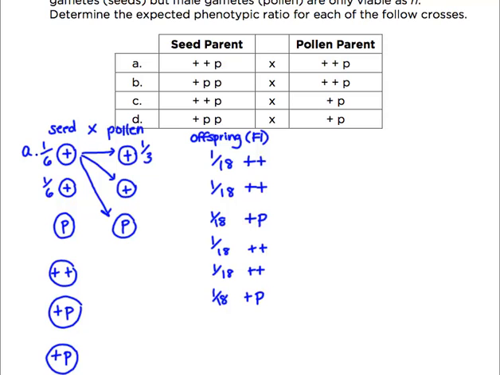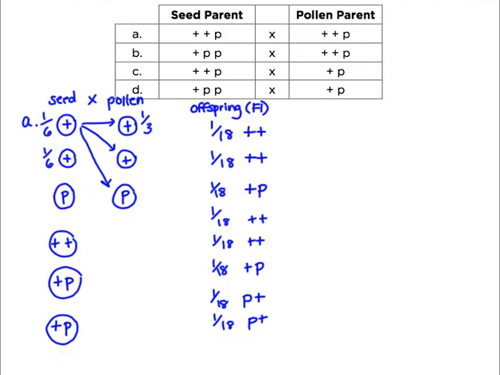Okay, now you have P, so 1/18th P plus, 1/18 P plus. Okay, so these accounted for these 3 N gametes from the seed parent.